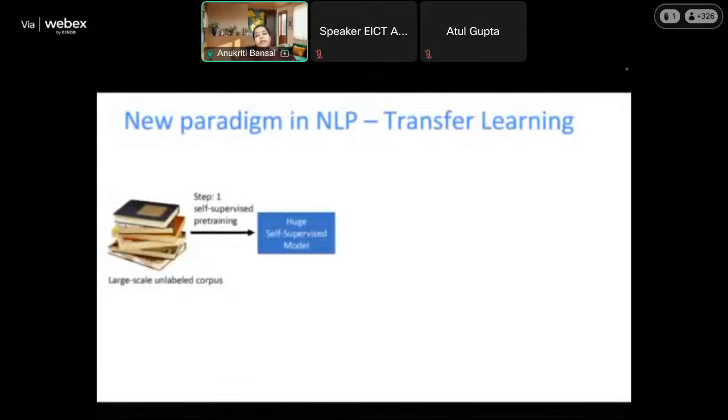So we as human beings understand the language, and if we have a good understanding of the language, we will be able to do classification tasks, sentiment analysis tasks, and so on and so forth.